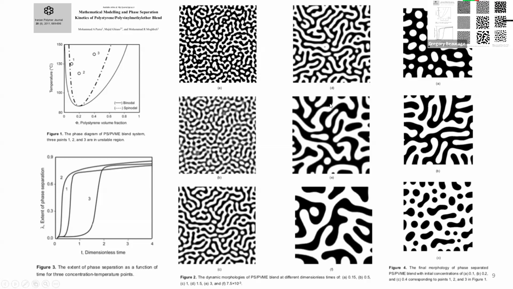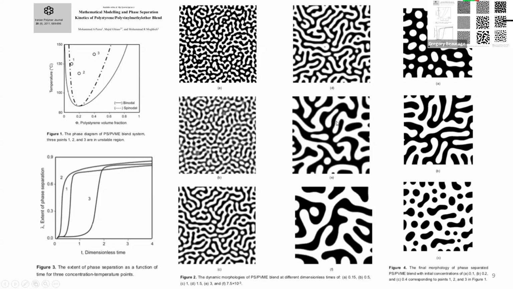So you can get this pattern. These patterns are set up because thermodynamic driving force and diffusion compete against each other. It leads to a preferred separation distance, so even though it looks random, it has a well-defined separation distance between domains.